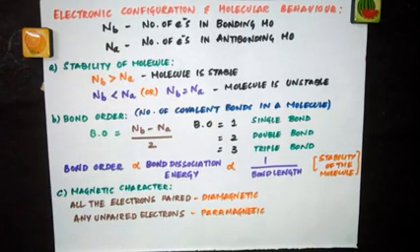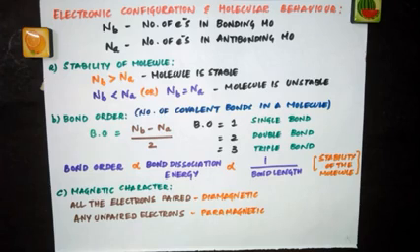The last one is magnetic character. When you look at the molecular orbital diagram, if all the electrons are paired, then we say that substance is diamagnetic, which means it is repelled by the magnetic field. When there are unpaired electrons, then the substance is paramagnetic, which means it is attracted by the magnetic field.